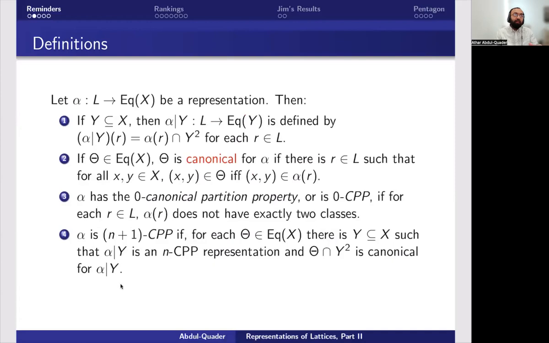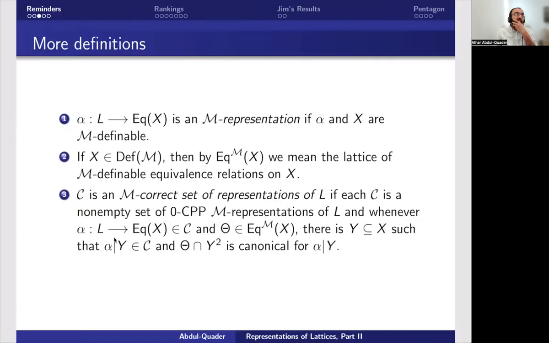And then some more definitions. We can relativize all these definitions, both in terms of the definition of a representation, to a model of PA. So an M representation is a representation where alpha and the set X are both M definable, where M is some model of PA.